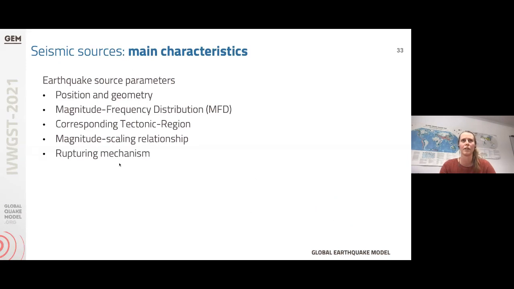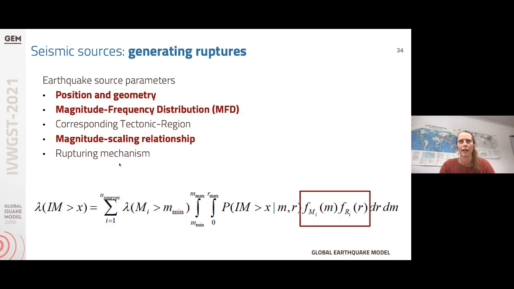So now that we understand the main characteristics that must be assigned to an earthquake source, we'll take a look at how the hazard integral uses these. The first step is that the sources must be converted into ruptures.